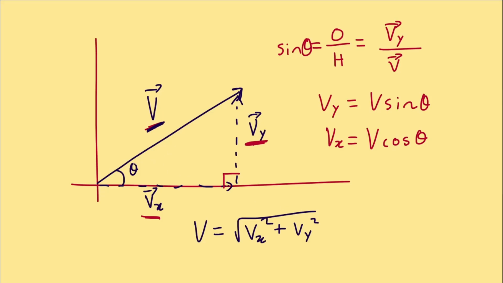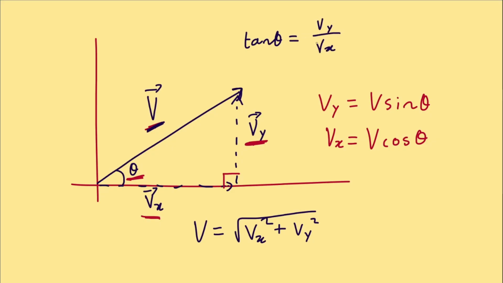Now how about finding the direction, which is the angle? The direction can be found with tangent. So let me make some space up here. The direction is tan theta equals vy over vx. And the reason for this is because if you remember from trigonometry, tangent is also equal to sine over cosine, and sine is the y coordinate, cosine is the x coordinate.